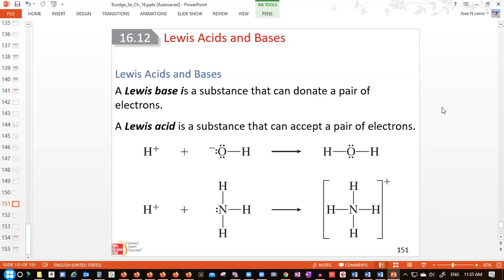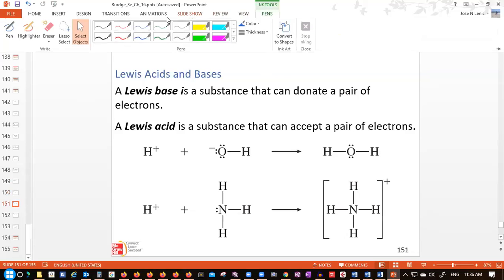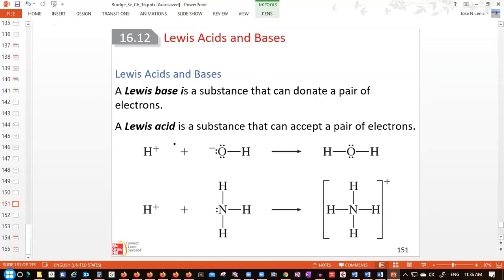Here, if I ask you to identify this species as Lewis acids or bases, notice that H plus wants to have electrons, right, to get stabilization.